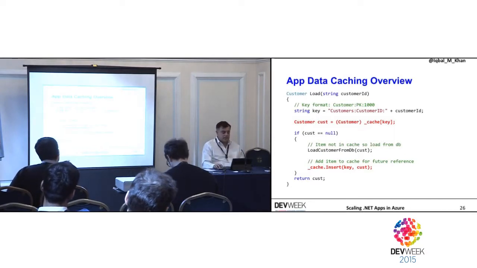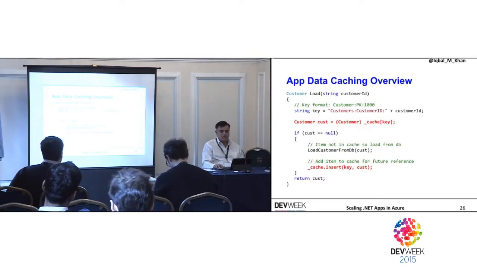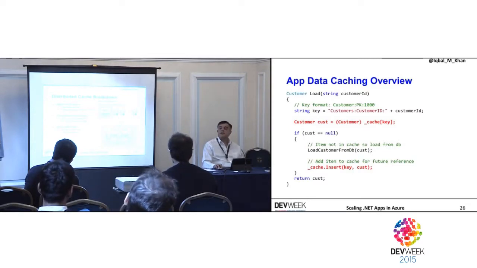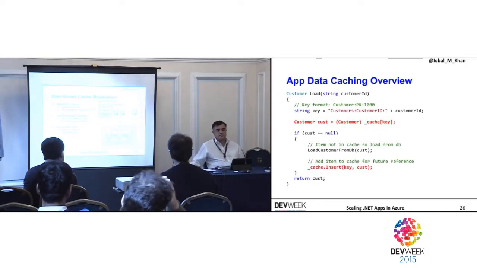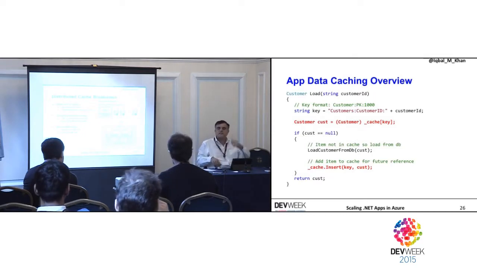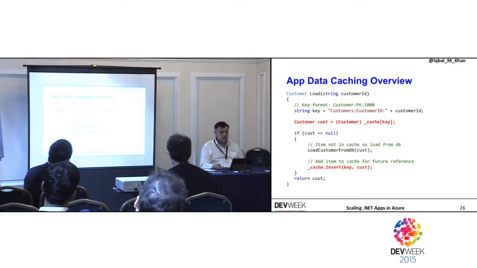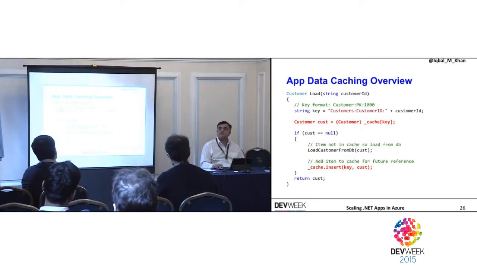So when the application does cache customer equals cache key, this talks to the cache, the cache calls your read-through handler, and the read-through handler goes to your database, gets the customer, gives it back to the cache, which puts it in the cache, and then gives it back to the client. So from a developer's perspective, this call never returns null unless the database doesn't have it either.